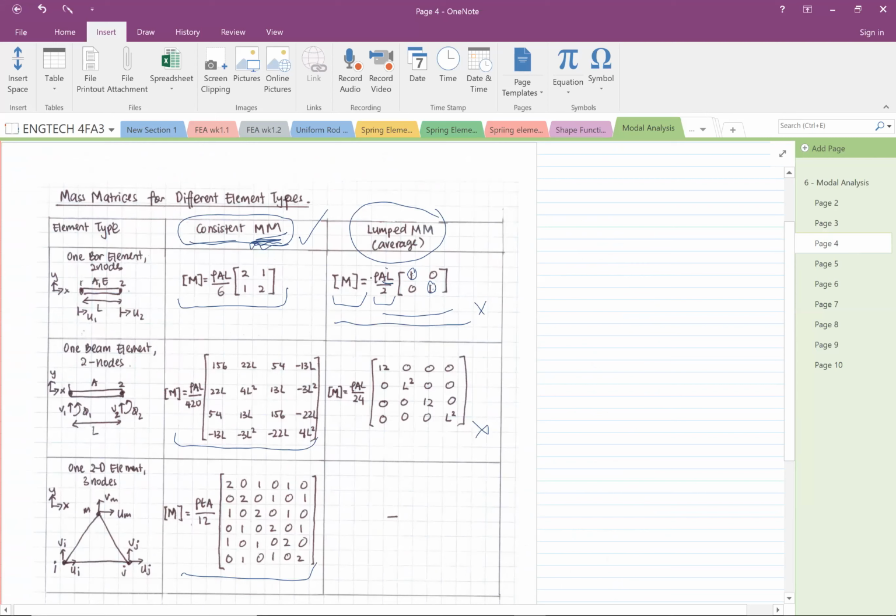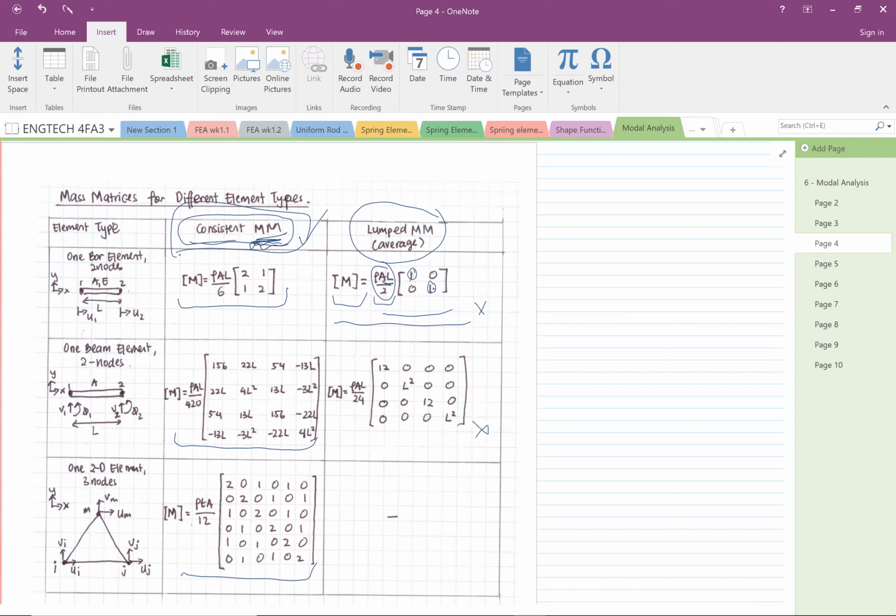I just take the mass of the element, divide by 2, and put it in the 2 nodes. That's it. The consistent mass matrix has more integration within, so it's nicely defined within each increment from 0 to L. Let's say 0 to L is 10.